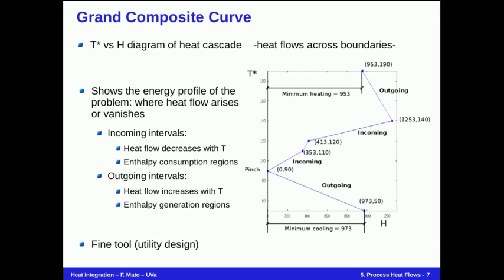And it's a very useful diagram because it shows the energy profile of the problem, where the heat flow increases or decreases. In the incoming intervals, towards zero, the heat flow decreases with temperature.